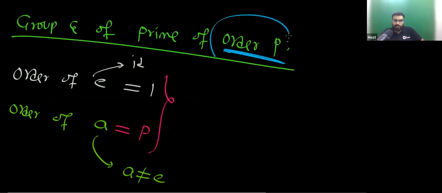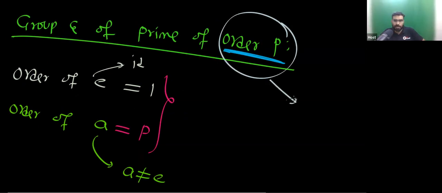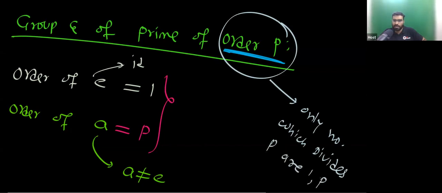The only numbers which divide P are 1 and P. So the order of the identity element will be 1, and the order of all other elements will be P.